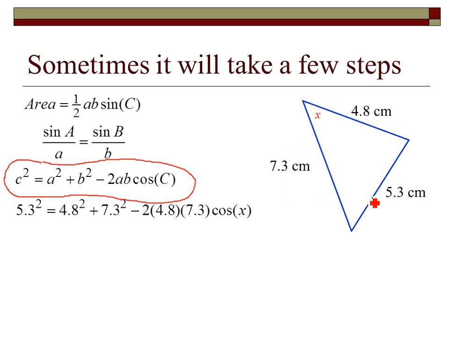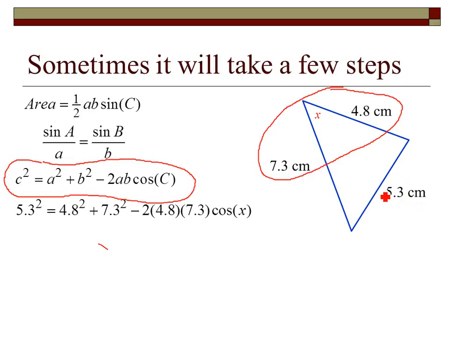So I've got 5.3 squared is equal to, and again, remember when we use law of cosines, these 3 are together, so I'm going to be on one side of the equation. This one's by itself. So I've got 5.3 squared is equal to 4.8 squared plus 7.3 squared minus 2 times 4.8 times 7.3 times the cosine of the angle between them. So notice that 5.3 is by itself, and these 3 pieces are kept together.